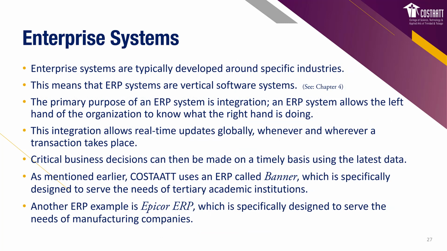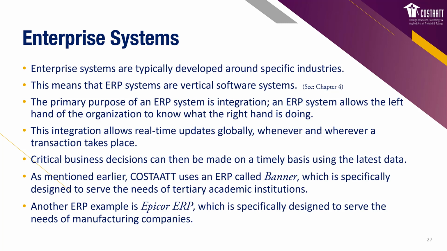Enterprise systems are typically developed around specific industries. This means that ERP systems are vertical software systems, and you can check chapter 4 for a little reminder. The primary purpose of an ERP system is integration. An ERP system allows the left hand of the organization to know what the right hand is doing.